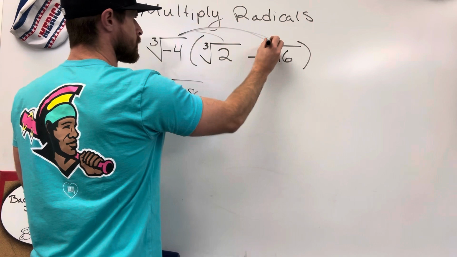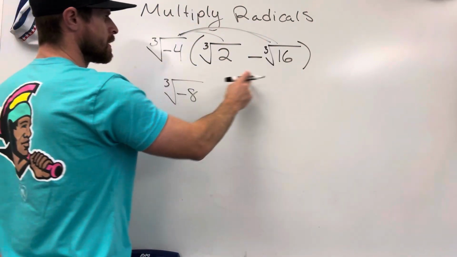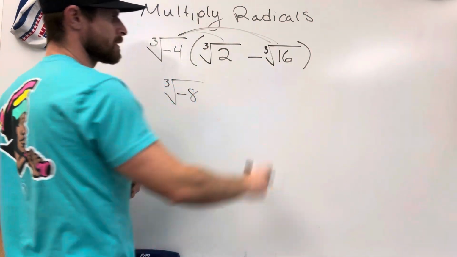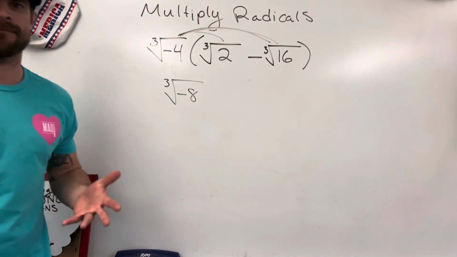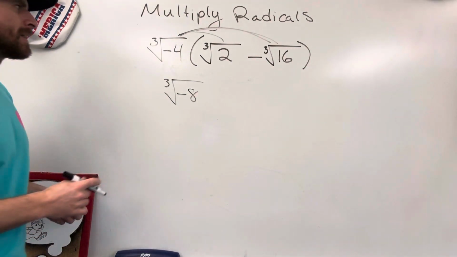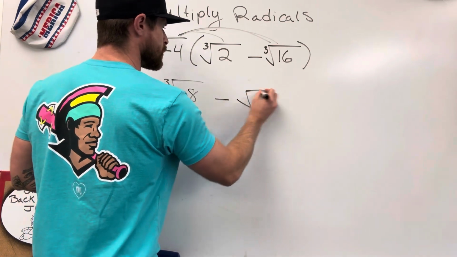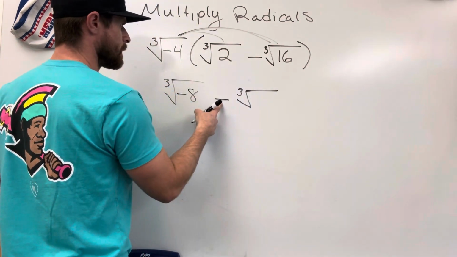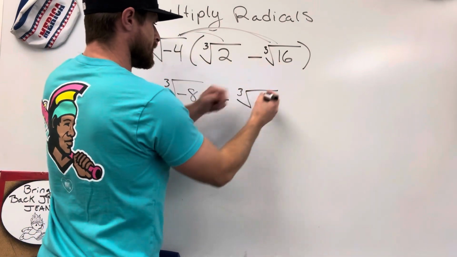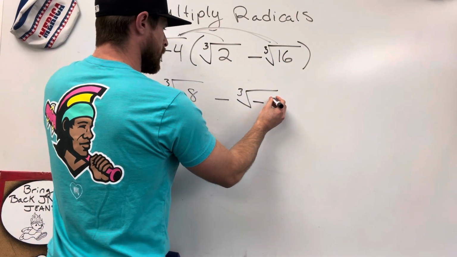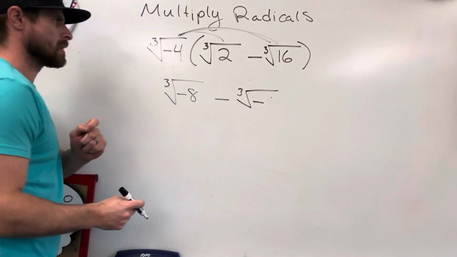But now let's also multiply -4 times cube root 16. -4 and a 16, right? That's going to give me minus cube root, minus is right here. -4 times 16, that's negative 64.